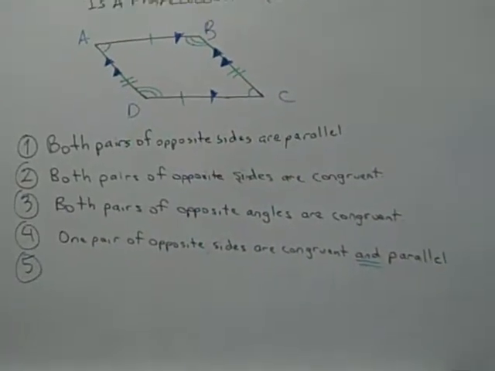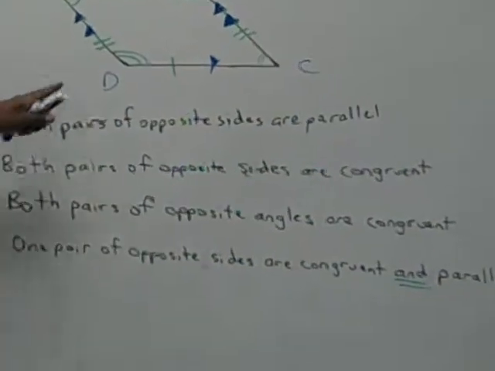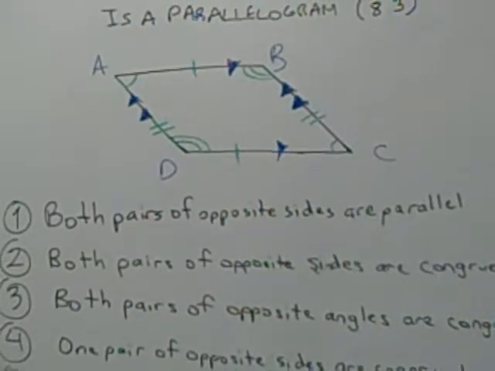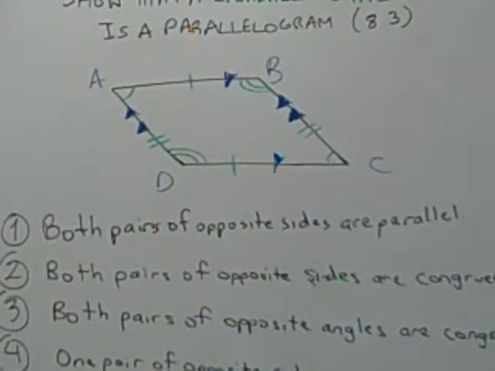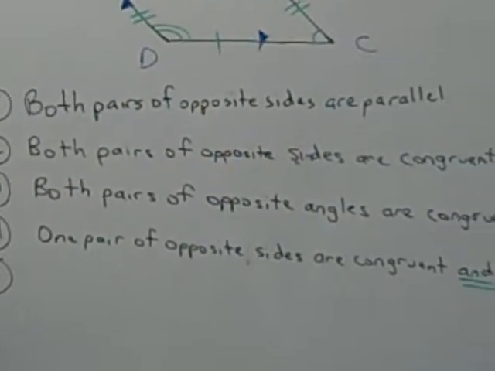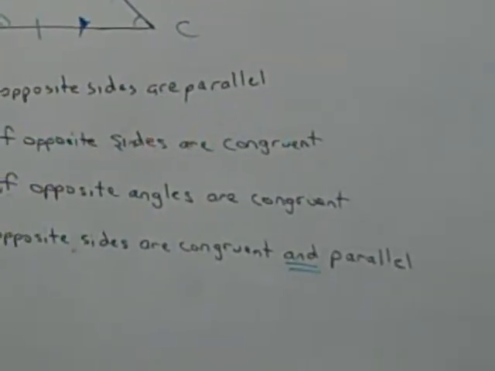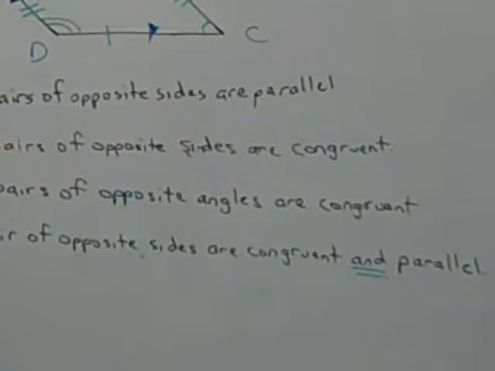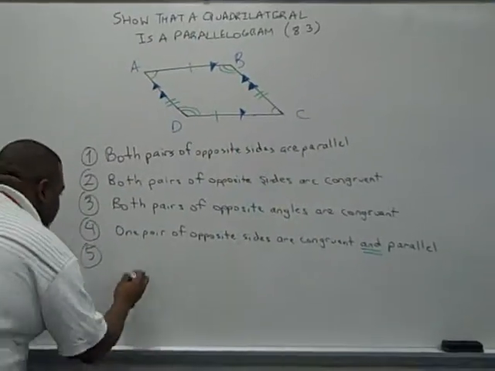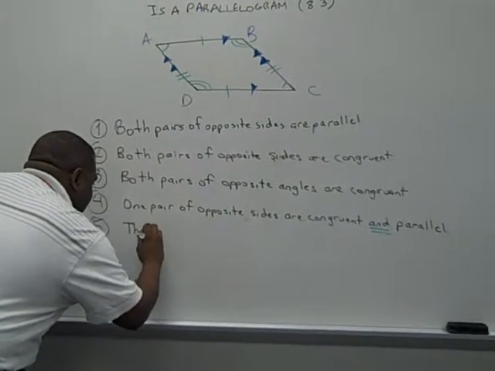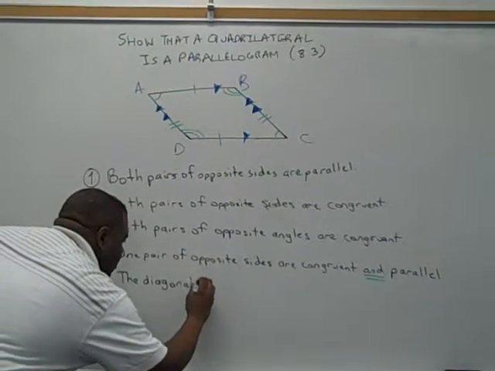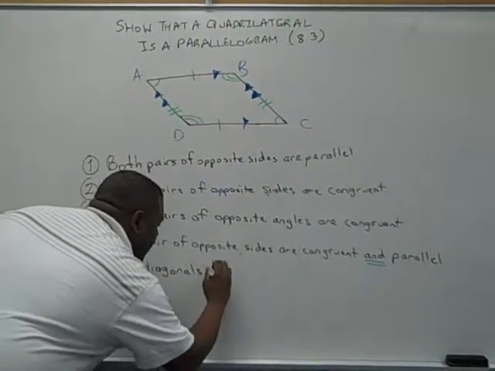All right? So, for example, if I can prove that AB and DC are both congruent and parallel, then we have proven that the quadrilateral is a parallelogram. Now, there's one more way that we can use, and the way is this.